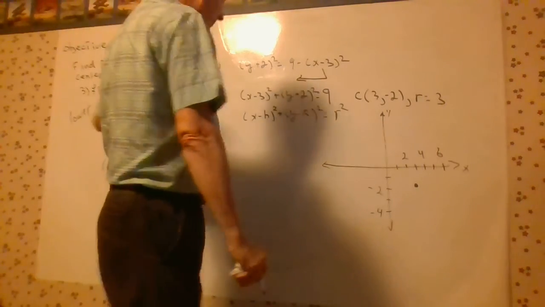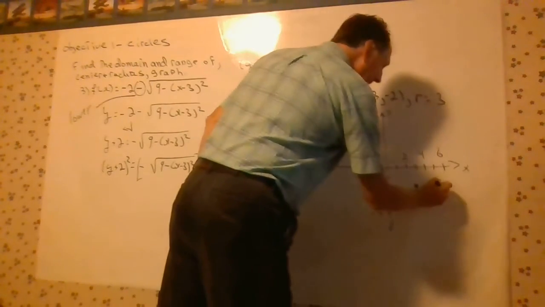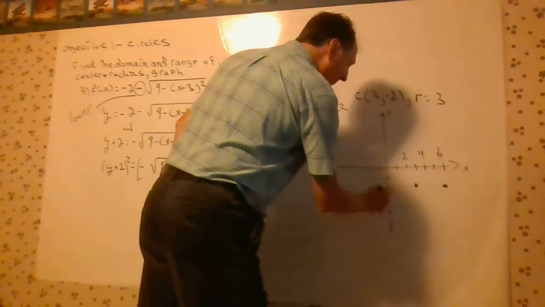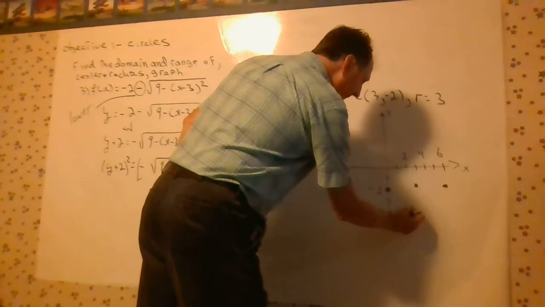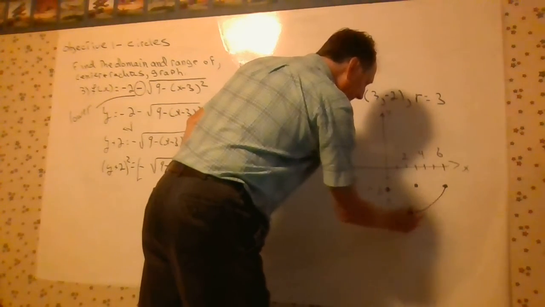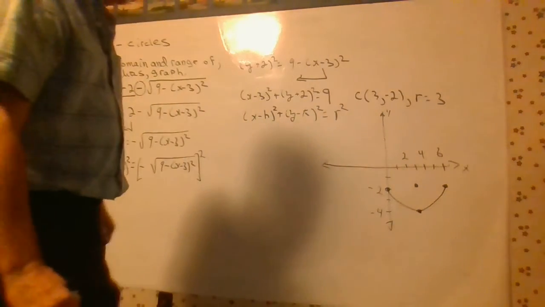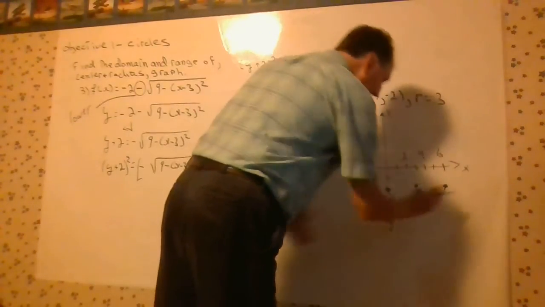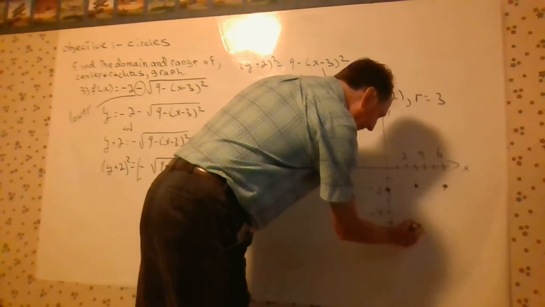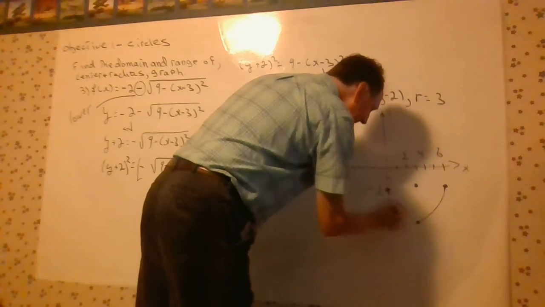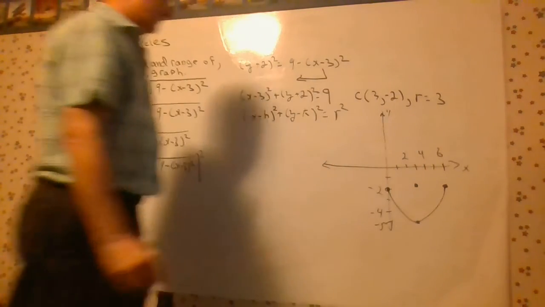Now it's a lower semicircle, a radius of 3, so guess what? We can go to the right by 3, we can go to the left by 3, and we can go down by 3. And you can just connect the dots. There is the graph. This should come down a little bit lower, actually. My perspective is a little bit off here. Okay, we are at negative 5.